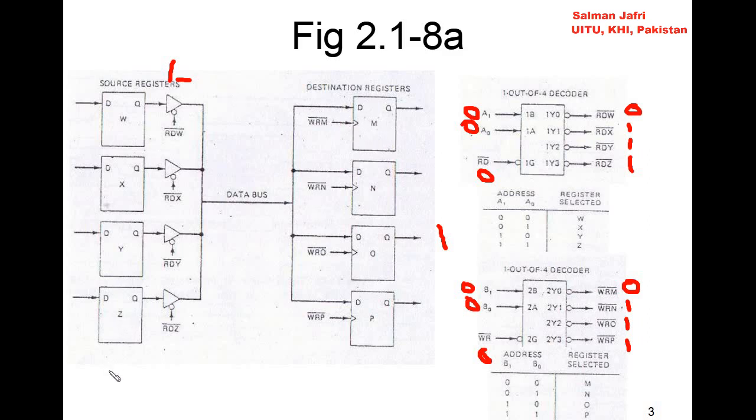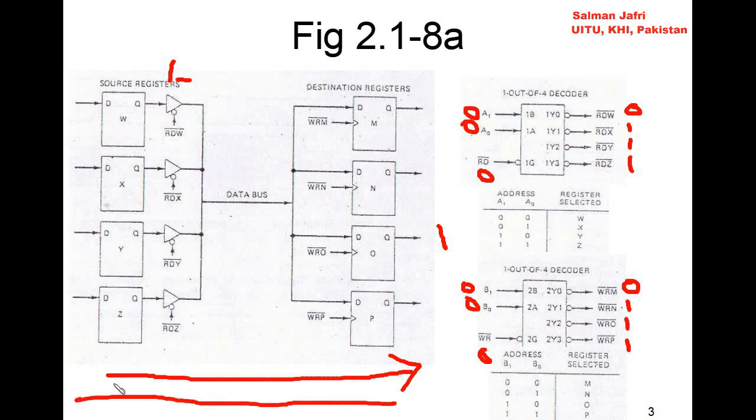As you can see, information flows from the left hand side to the right hand side. It is always read from the left hand side and written on the right hand side. You cannot go the other way around. You cannot read the destination register and write on the source register. So it is basically a unidirectional data bus that we are talking about.